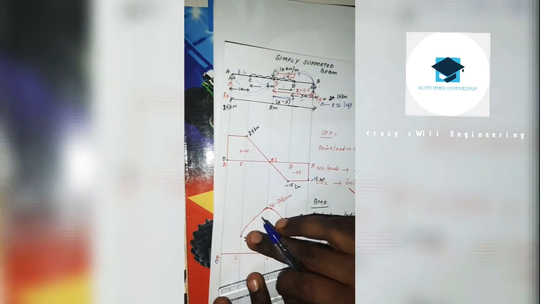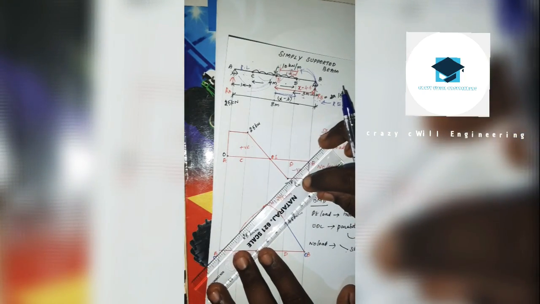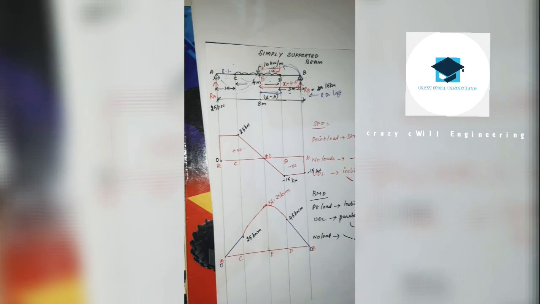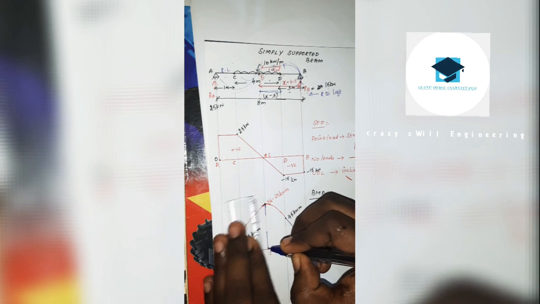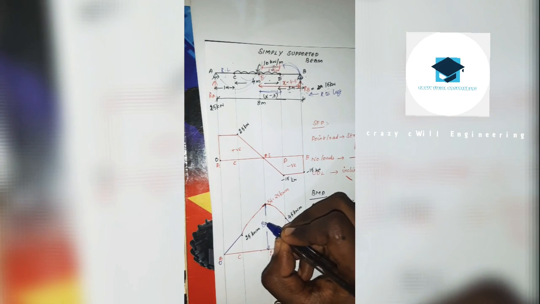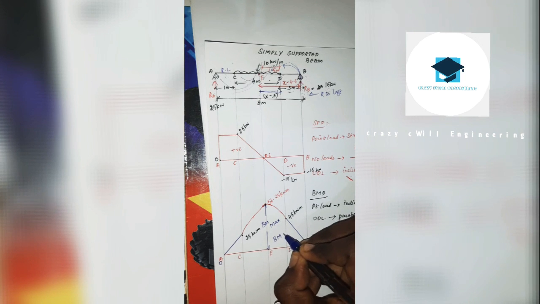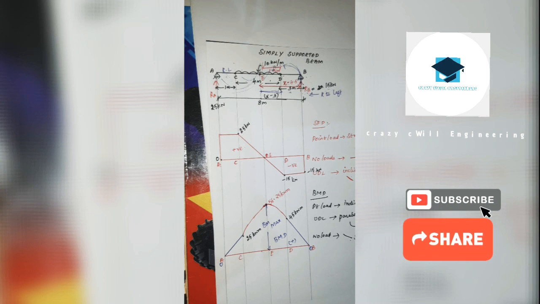Between A and C also having no load, so inclined straight line. This is the difference. Here this is the maximum bending moment value. Bending moment diagram is positive.